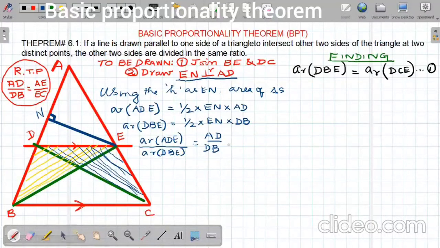This is our second finding, so we record it here as finding number 2.